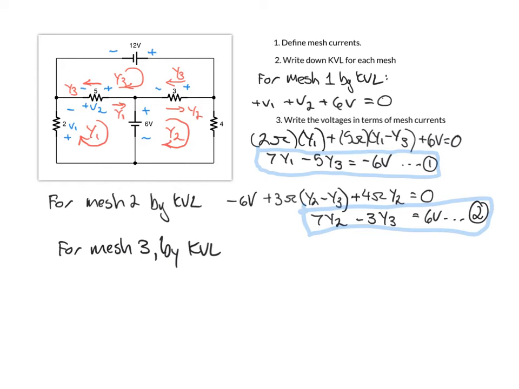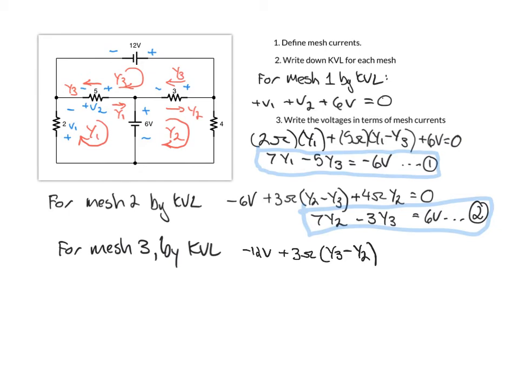So by Kirchhoff's voltage law, going around this mesh in this direction, we have minus 12 volts. And then we get to the 3 ohm resistor, so we've got plus 3 ohms times (Y3 minus Y2).